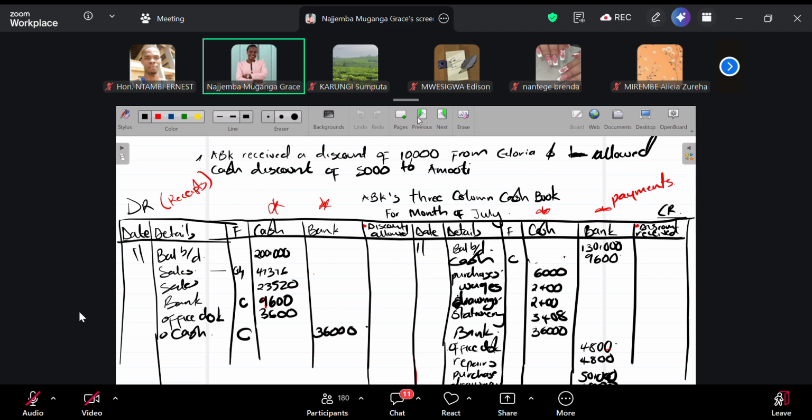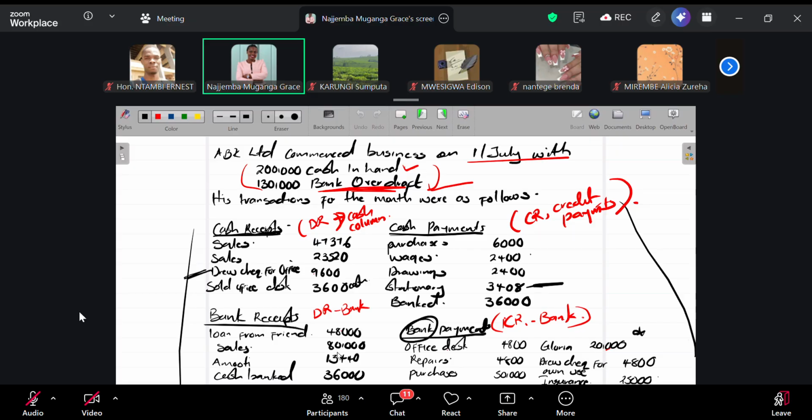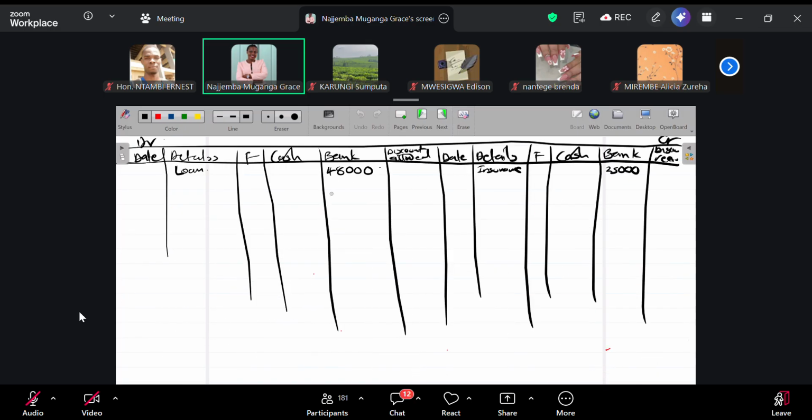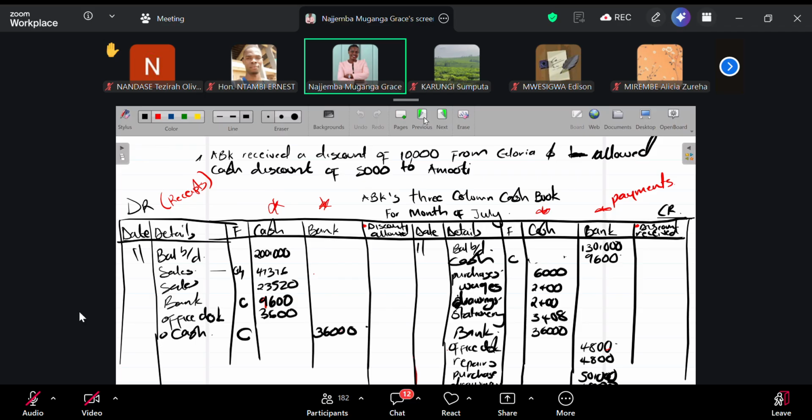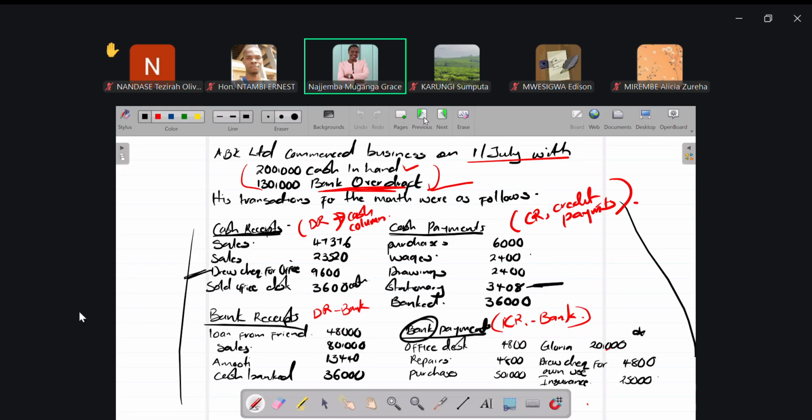Then we had sales where money was received in the bank of 80,000. Then we had Amoti, of which there is an adjustment, which we shall post.